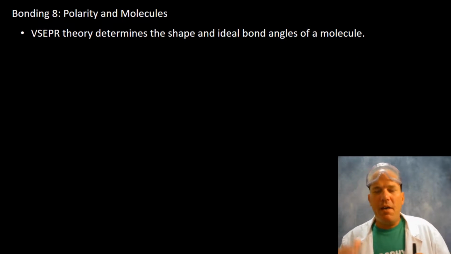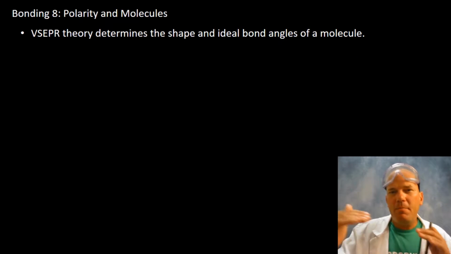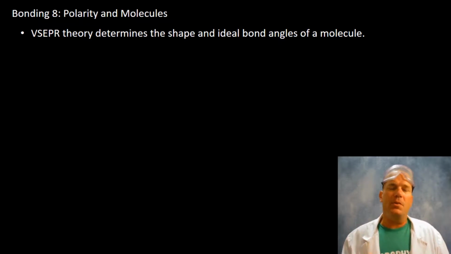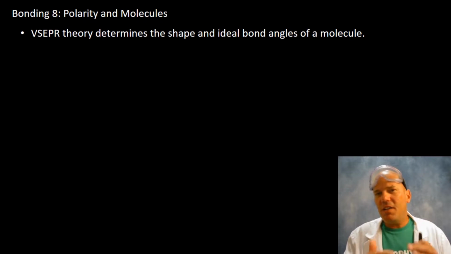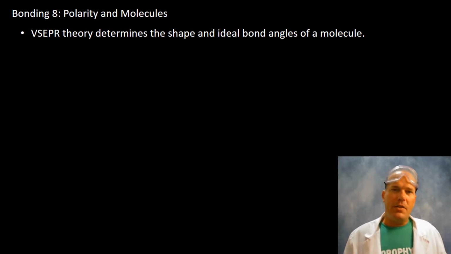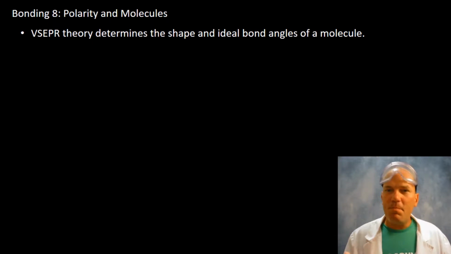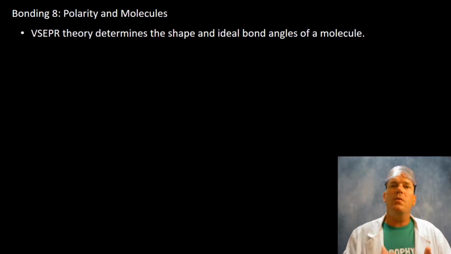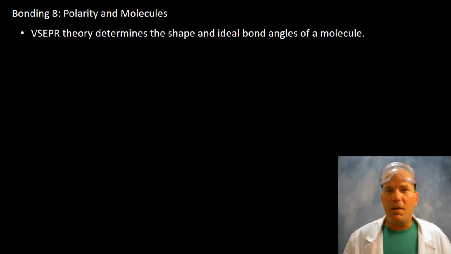So we have several points to make before we get into examples. The valence shell electron pair repulsion theory determines the shape and ideal bond angles. All right, so this is a simple idea that the electron-electron repulsions are going to influence the overall geometry of the molecule.